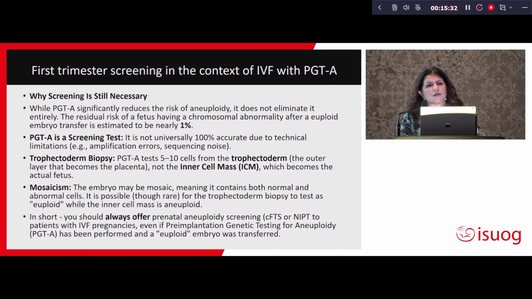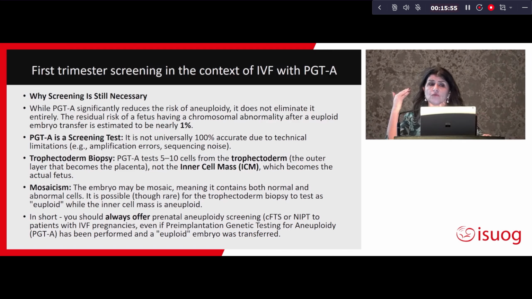And finally, people ask, should we be doing screening in women who've had IVF with PGTA? And this is a very important question, and the answer is basically yes. Because PGTA is effectively a screening test. It can give you false negative results that an embryo is normal.